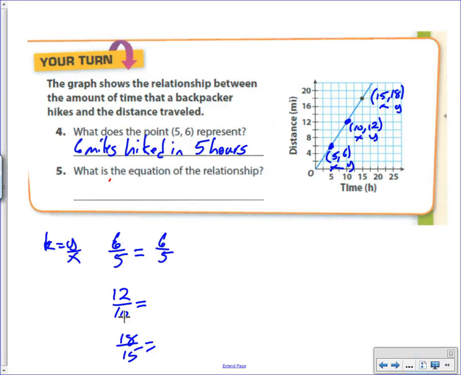What goes into 12 and 10? 2 does. 2 goes into 12 6 times. 2 goes into 10 5 times. What goes into 18 and 15? 3. 3 goes into 18 6 times. And 3 goes into 15 5 times. So all of these are the same. So k equals 6 over 5. So our equation would be y equals 6 over 5 x.